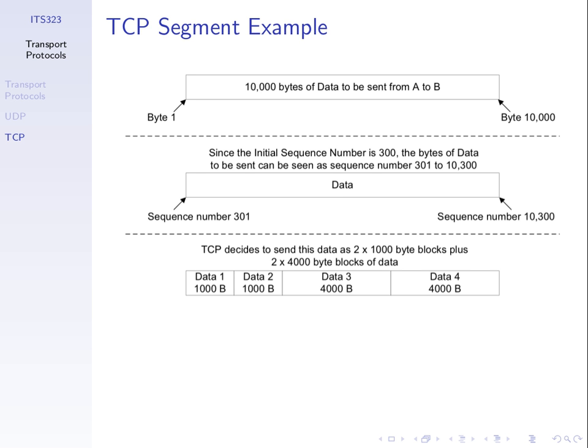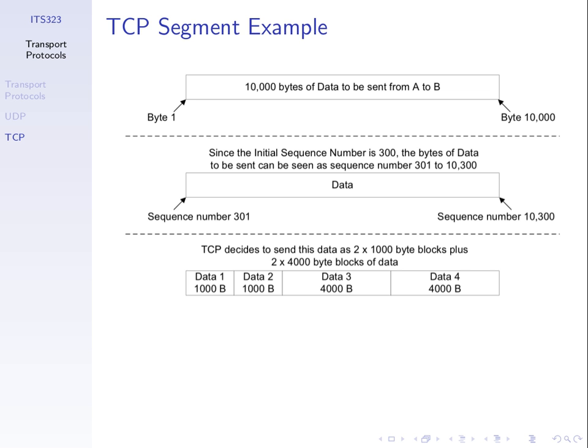And just for our example, let's say A chose an initial sequence number of 300. B chose an initial sequence number, but let's, for this example, focus just on A to B. So the initial sequence number of 300 chosen by A would be included in the first SYN segment, and the ACK that comes back from B would be saying, thank you, I accept this value of 300.